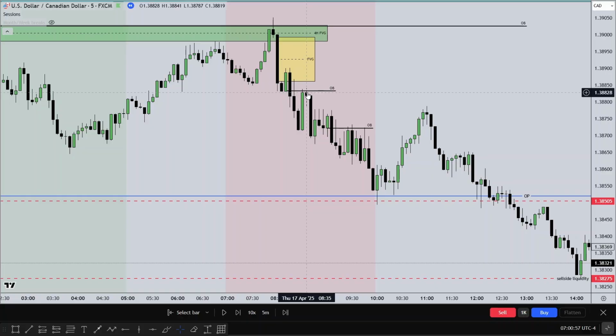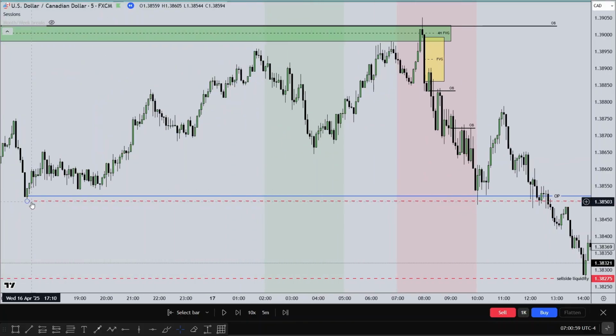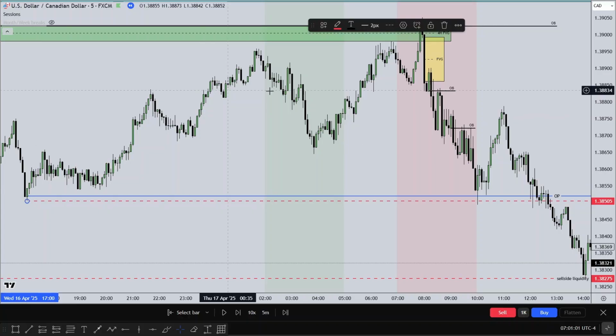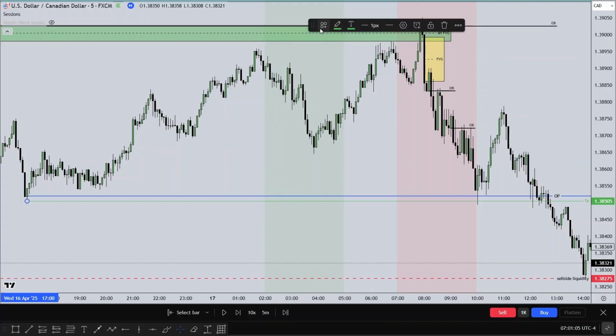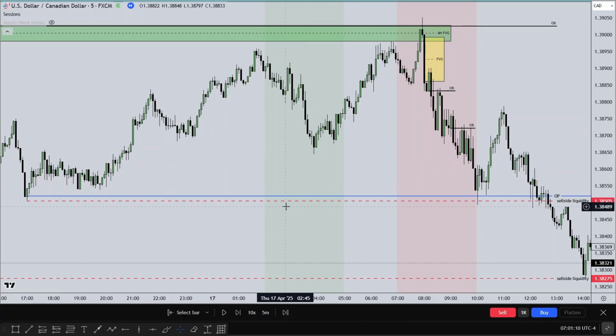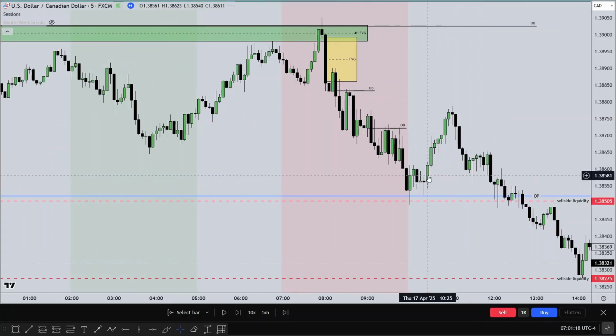My target would be this sell side liquidity, which is the next draw on liquidity if there are going to be lower prices. If there are going to be lower prices, the next draw on liquidity will be for price to trade below the opening price and go for the sell side liquidity.